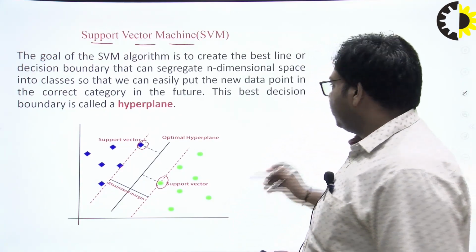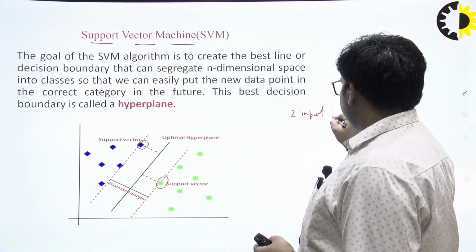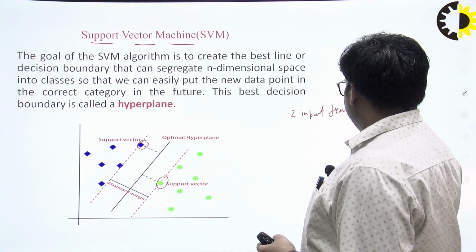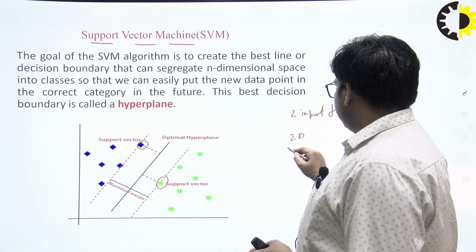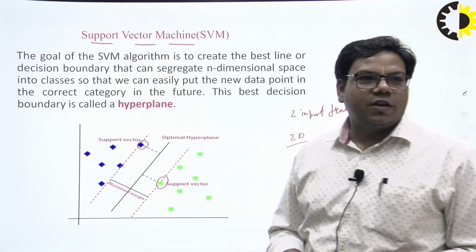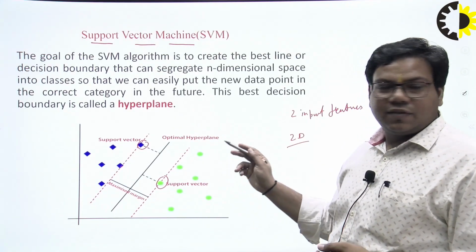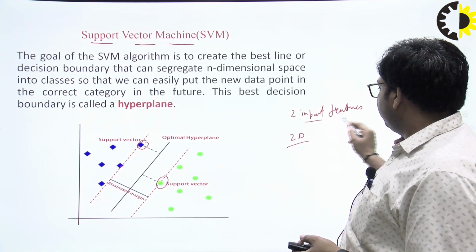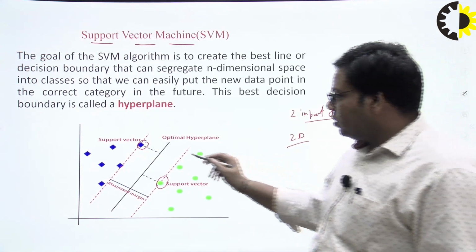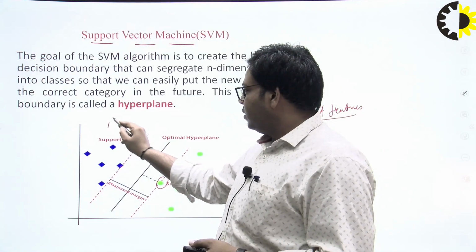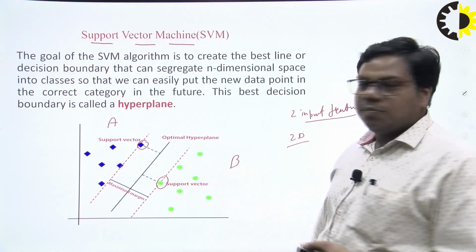For example, if we have two input features, then these features can be plotted using a 2D feature space. We assume a data set with two input features, and the problem is classification. All these points are classified as class A, and all these points as class B.